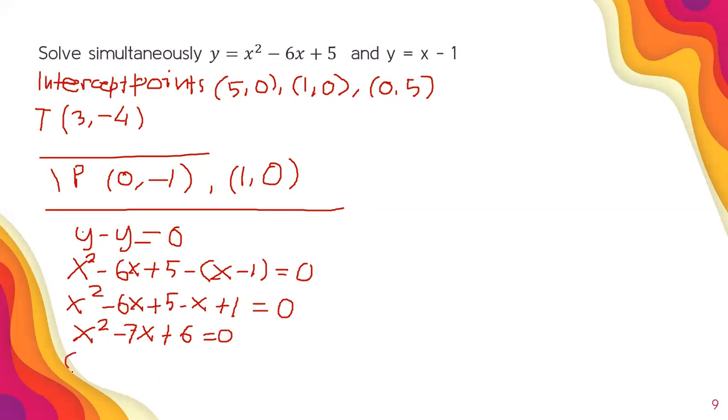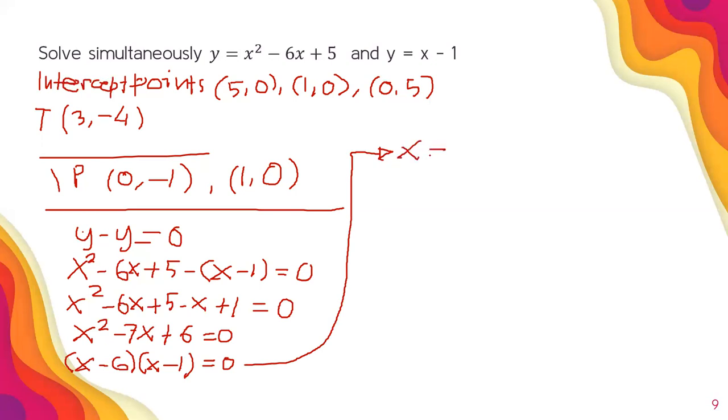Through factorizing, (x minus 6)(x minus 1) equals 0. So it means x equals 6, x equals 1. So x equals 6 or x equals 1.